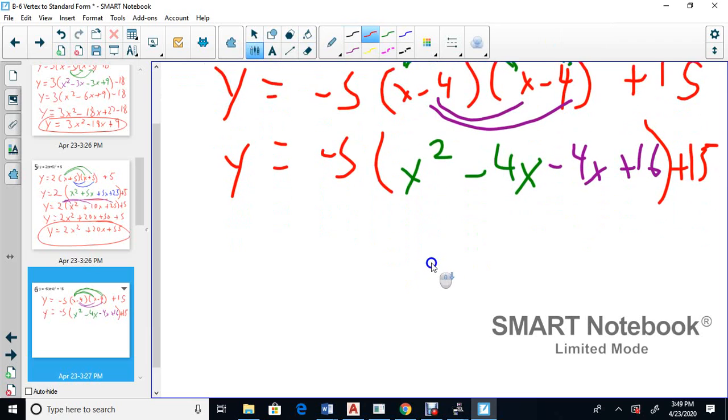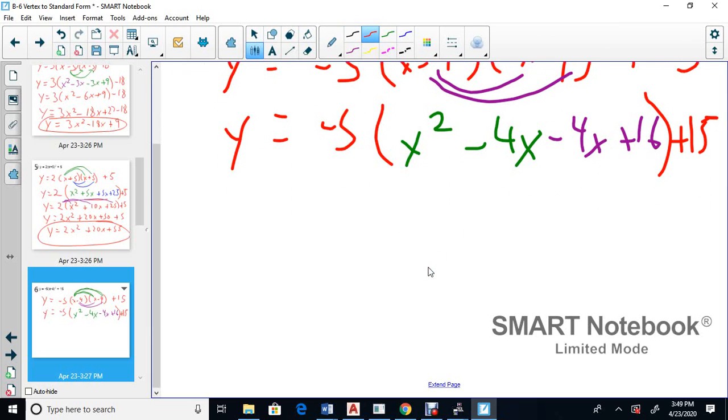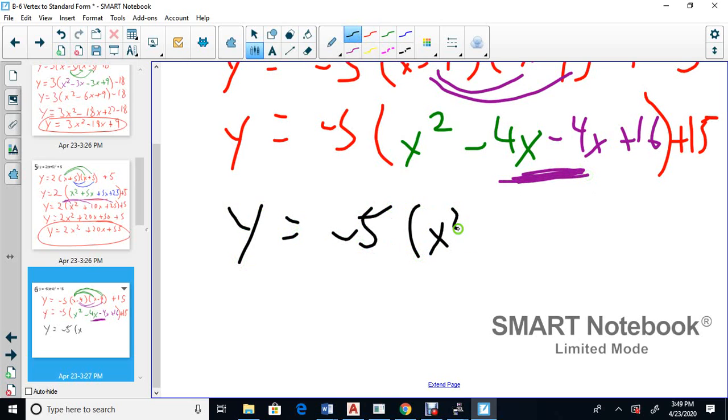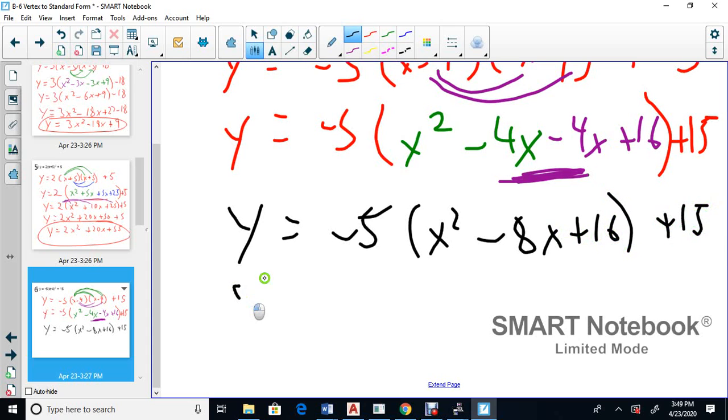Now we'll collect the two middle terms. We're going to grab these two middle terms and put them together. So we get y equals negative 5, x squared minus 8x plus 16, plus 15. Now we're going to multiply that negative 5.